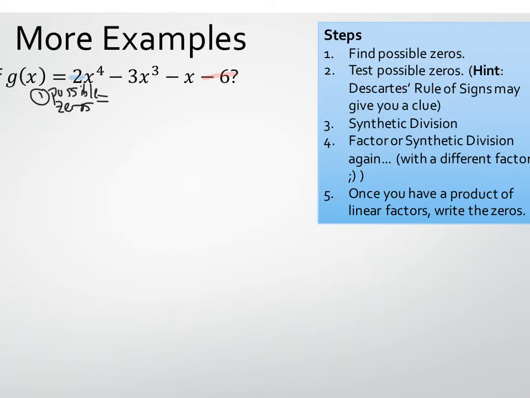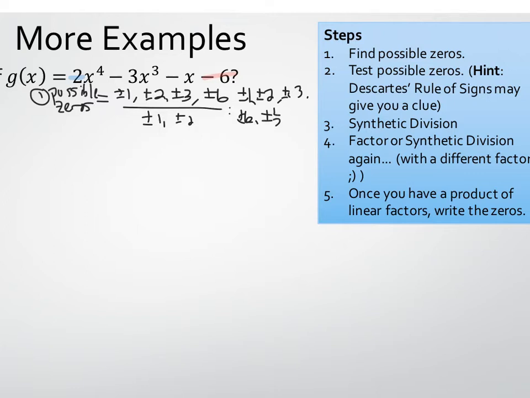So we'll do the factors of 6 on the numerator: 1, 2, 3, and 6, and the factors of 2 in the denominator. So this gives us zeros plus minus 1, plus minus 2, plus minus 3, plus minus 6, plus minus 1/2, and plus minus 3/2.